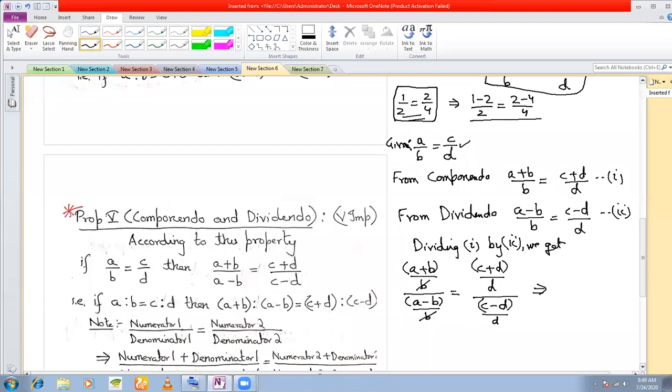B and B cancel from here, D and D cancel from here. Ultimately, this is the property that we get, and this is the property that we are going to use.